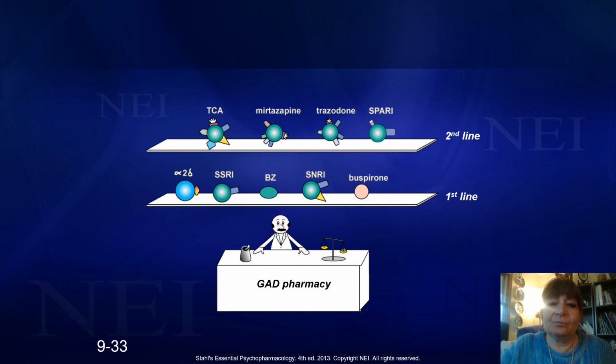Second line, the SPA-RE refers to a specific serotonin type medicine. Tricyclic antidepressants have been used. Mirtazapine can be very good if issues with weight gain and sedation are not a problem.